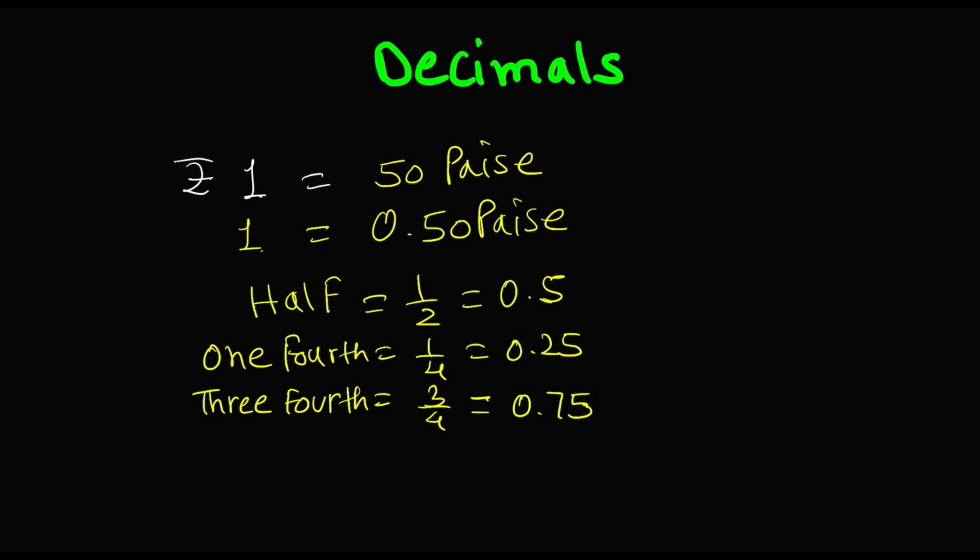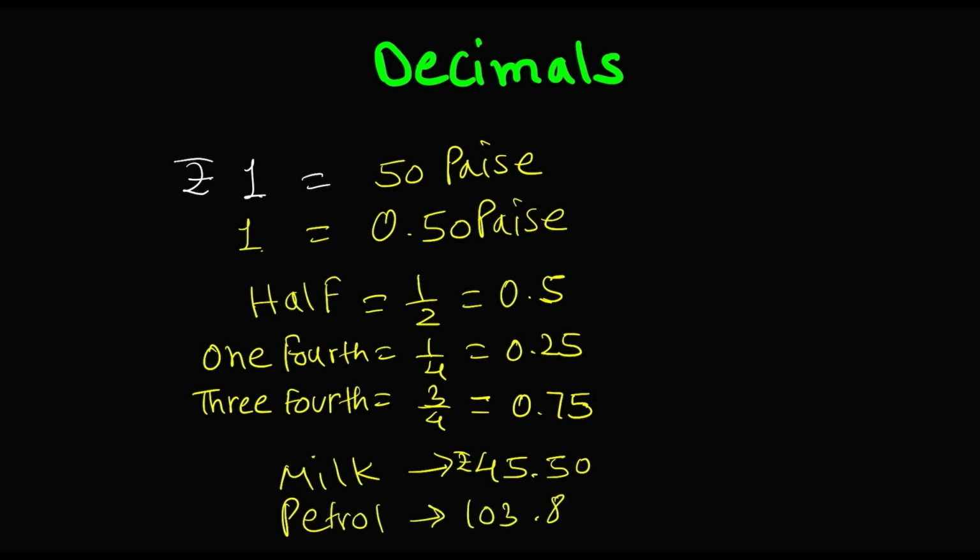If we buy milk, the milk cost is 45.50 rupees. For petrol, the petrol cost is 103.85, right, per liter.